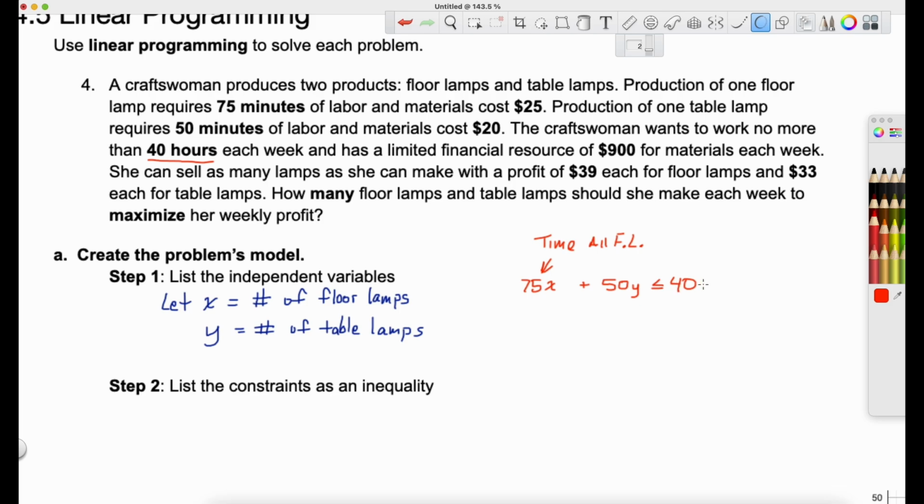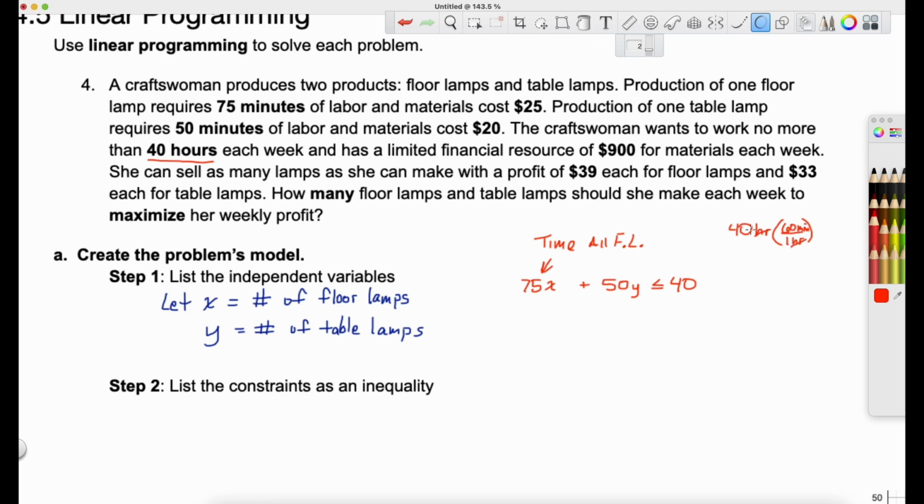So we know in 40 hours, we've got 1 hour in 60 minutes. I could do this as a separate problem over here: 40 hours times 60 minutes per hour.